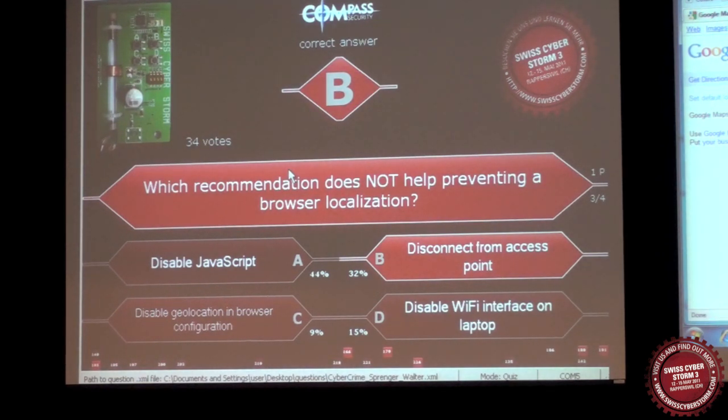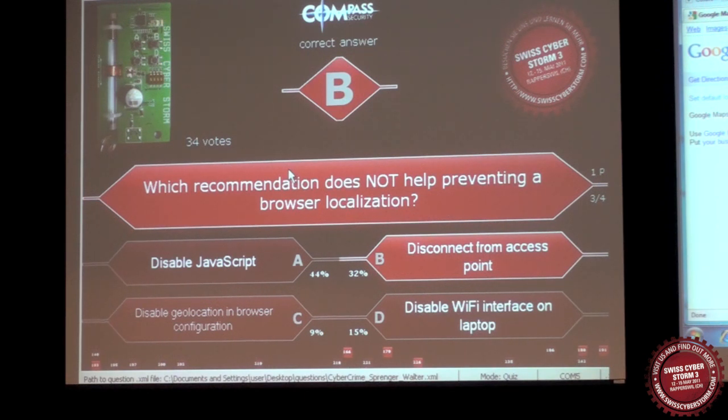Well, B is correct. Even if you disconnect from an access point, your wireless card sees the access points that are available. Even if you're not connected, it collects the information from the air. But how does it ask Google if you disconnect from the access point?